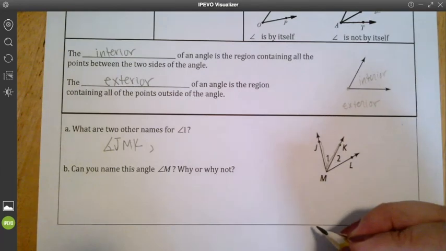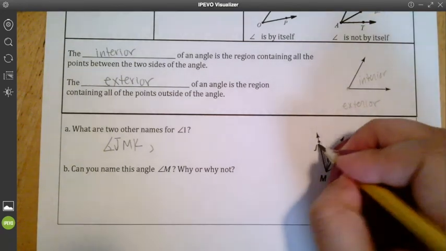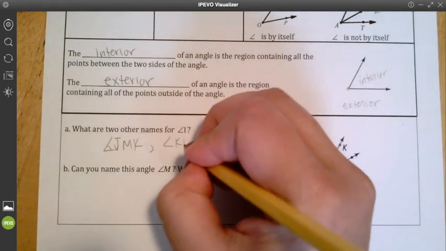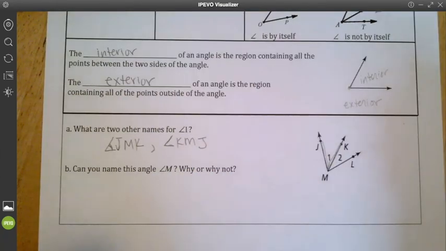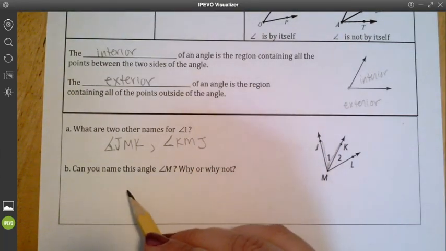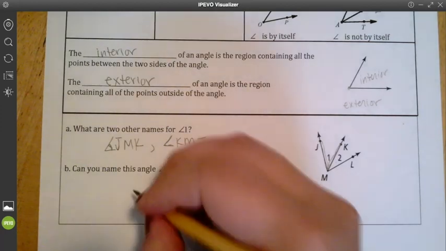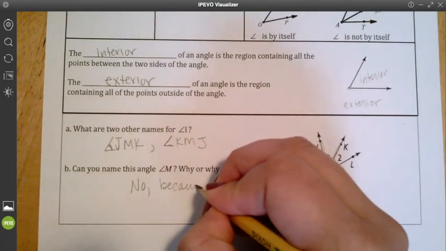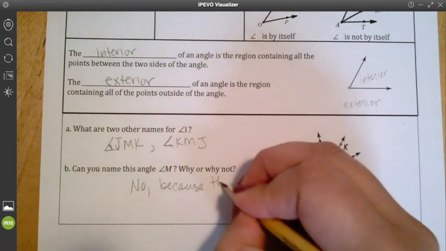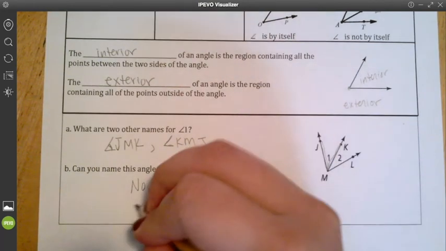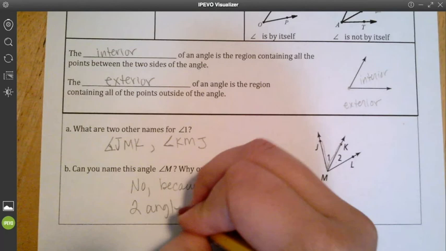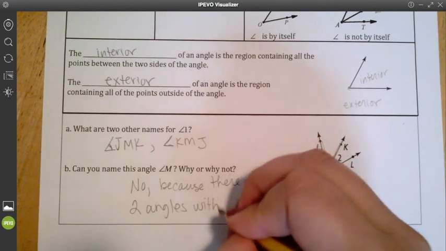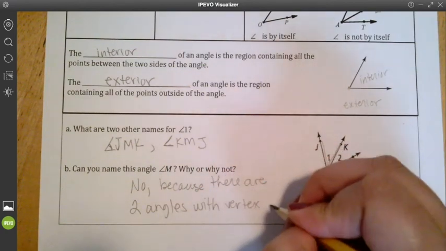We can also do the other way, angle KMJ. Okay. Can you name the angle M? No, because there are two angles with vertex M.